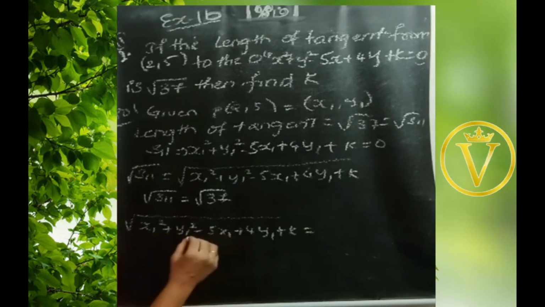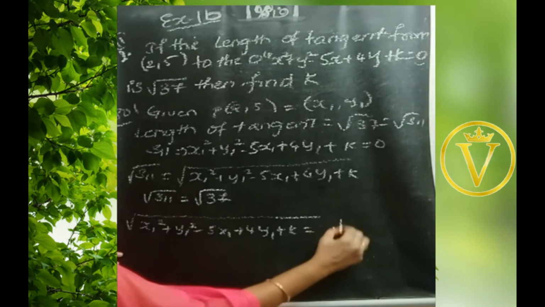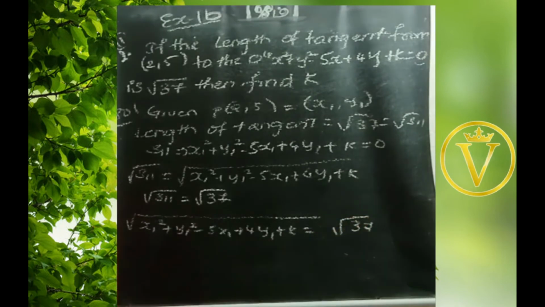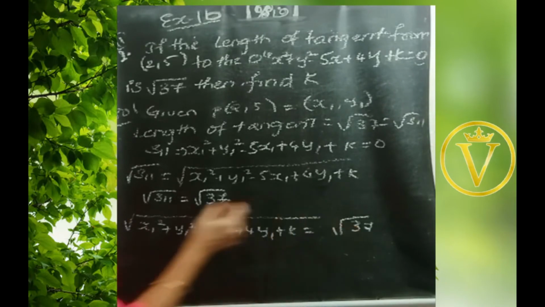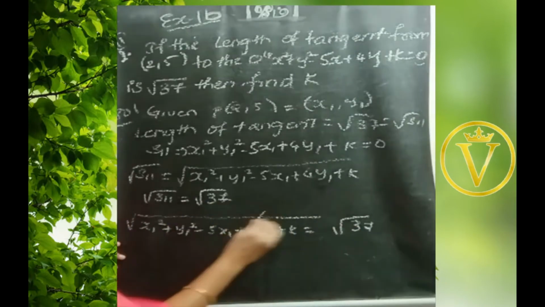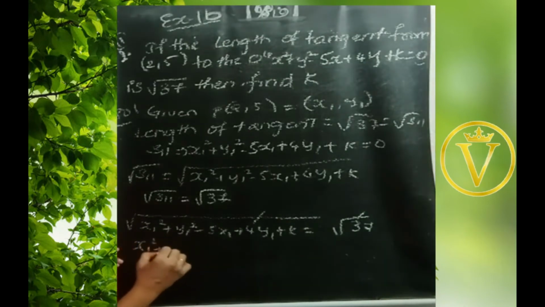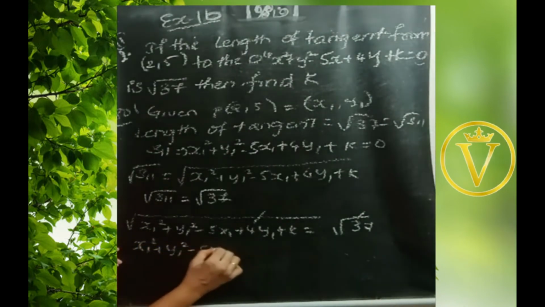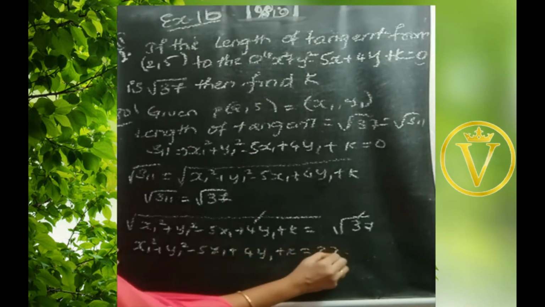So x1 square plus y1 square minus 5x1 plus 4y1 plus k equals root 37. If LHS equals RHS having root, you can cancel it. Now we get x1 square plus y1 square minus 5x1 plus 4y1 plus k equals 37.